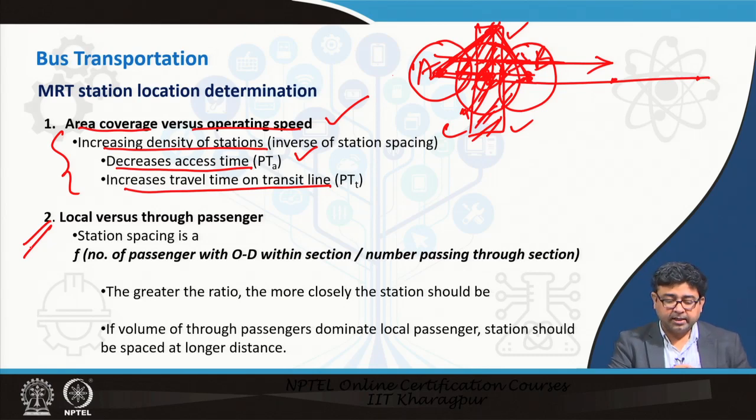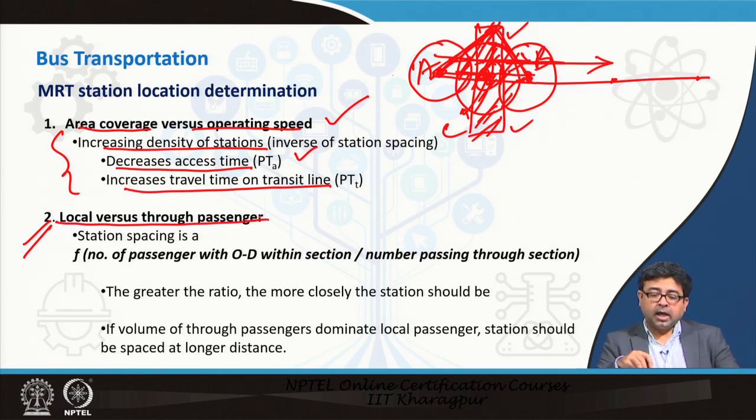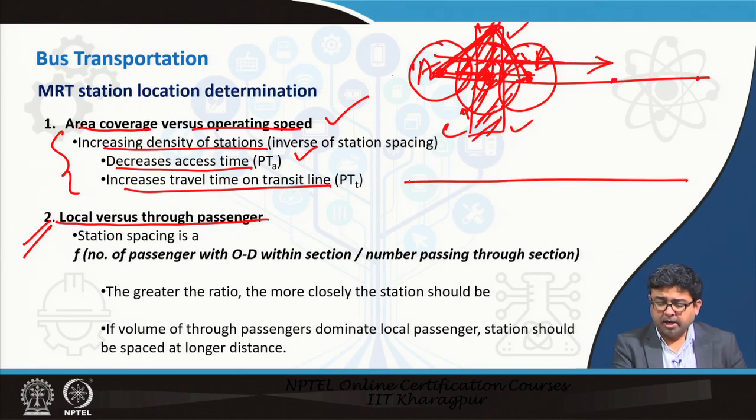The second trade off that is being made here is between local and through passengers. Now, consider a transit line where you are getting on at A and you want to get down at C. But there is an intermediate station here called B, where you are a through passenger.